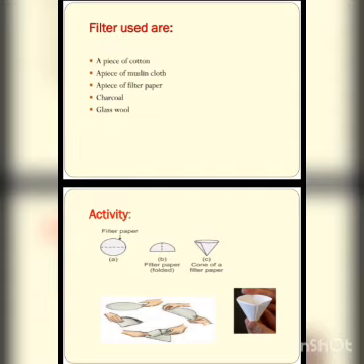Next is the centrifugation process. The centrifugation method can also be used for the separation of an insoluble solid from a liquid. In it, a centrifugal machine, a rotator, is used. What is the use of that rotator? It separates the insoluble solids from the liquid.